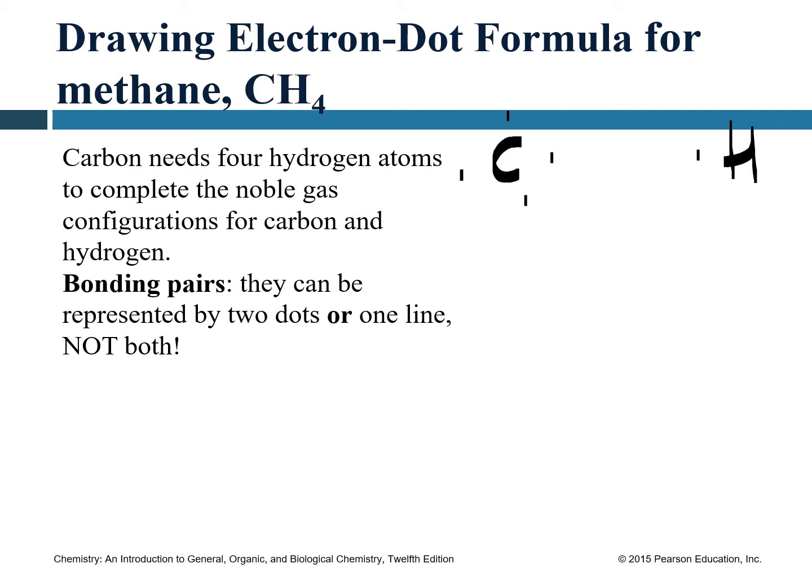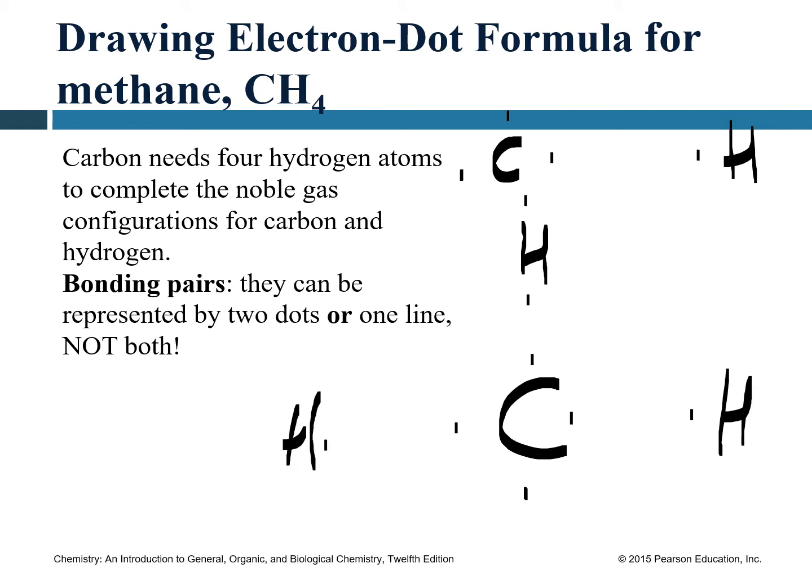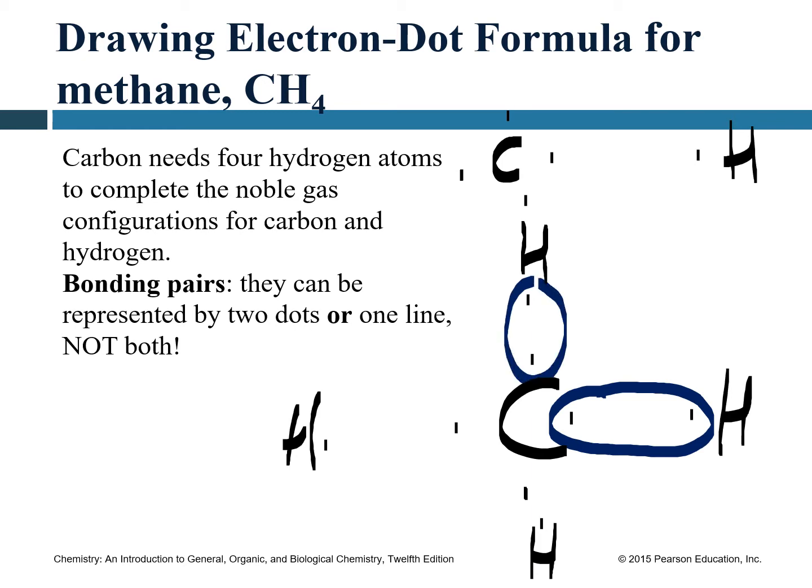Okay, so I'm going to start by placing my carbon with 4 valence electrons, and I'm going to draw hydrogen atoms placed around it symmetrically. And we're going to see a bond formed, or electron shared, between this carbon and this hydrogen. Similarly, between this valence electron of carbon and hydrogen, and similarly here as well as here.